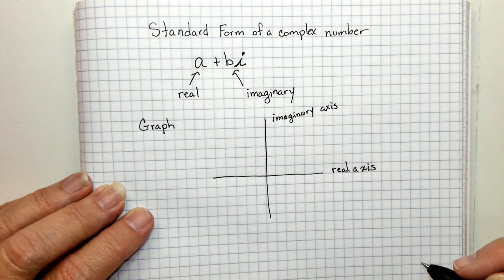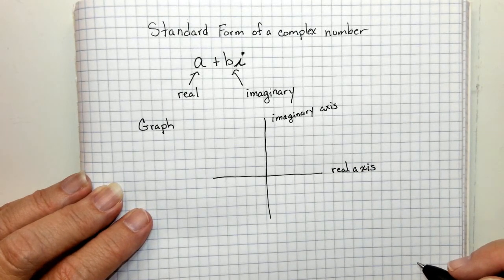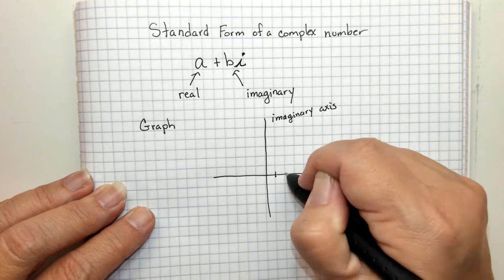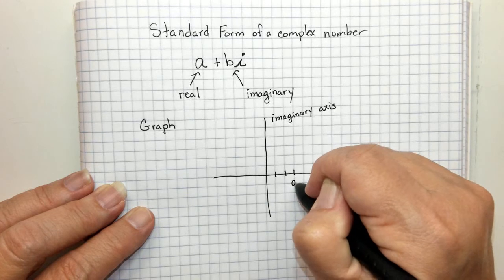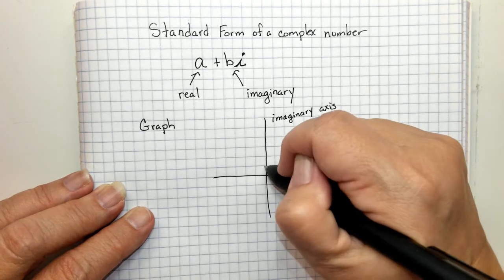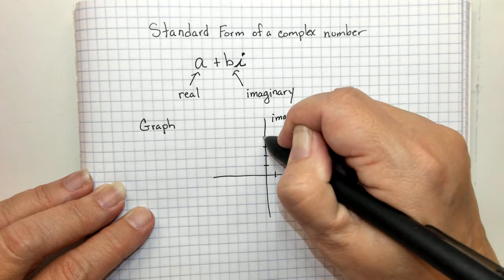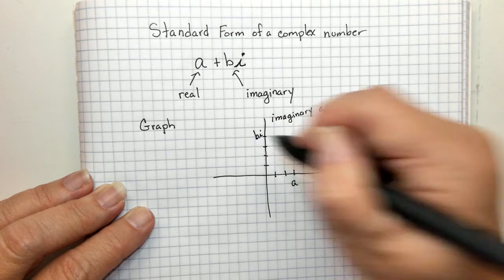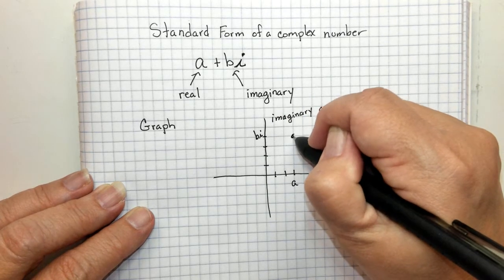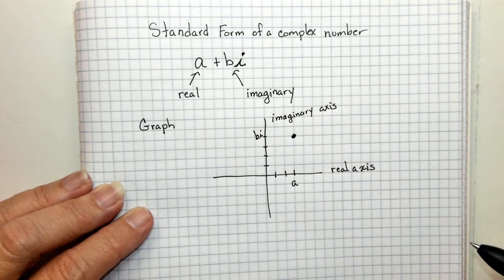And so if I were to graph the complex number a plus bi, I would go out a units on the real axis, and I would go up b units on the imaginary axis, and that is where my point would be.